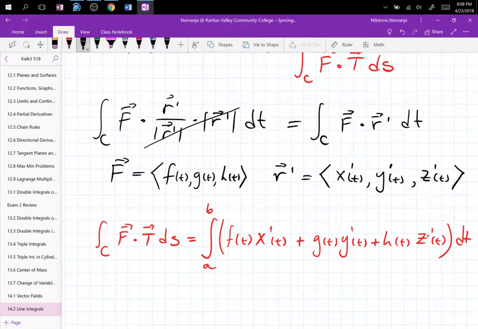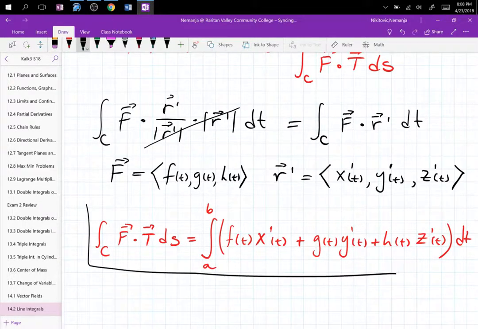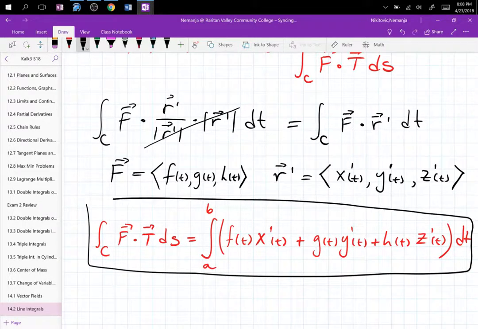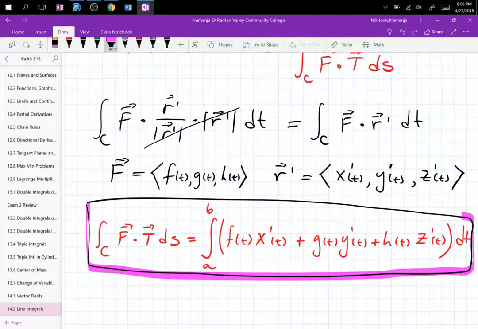So this is your way to calculate a line integral in the vector field. We'll do examples now.